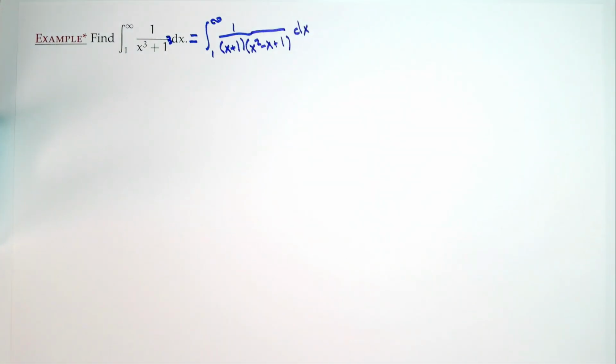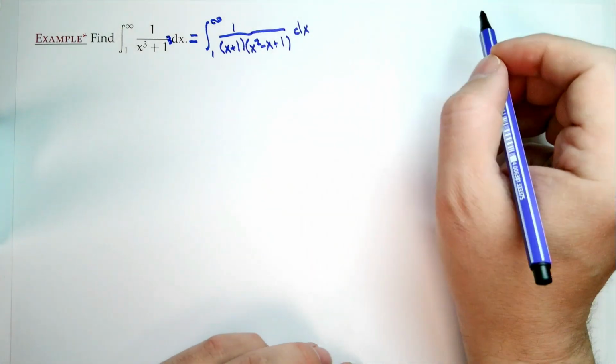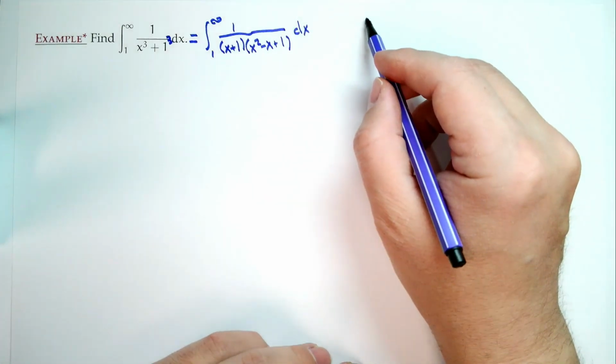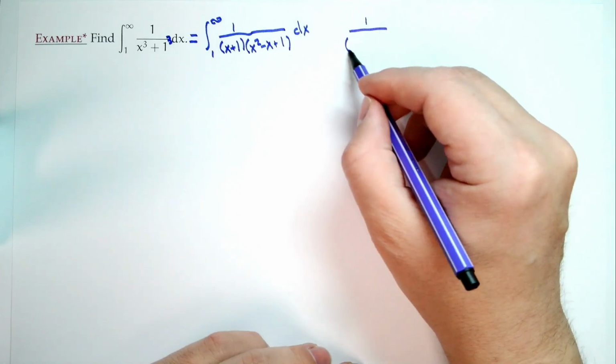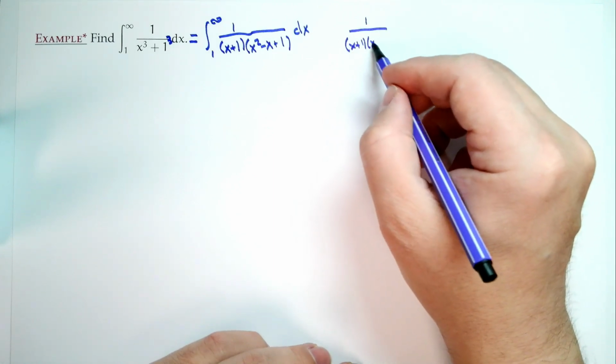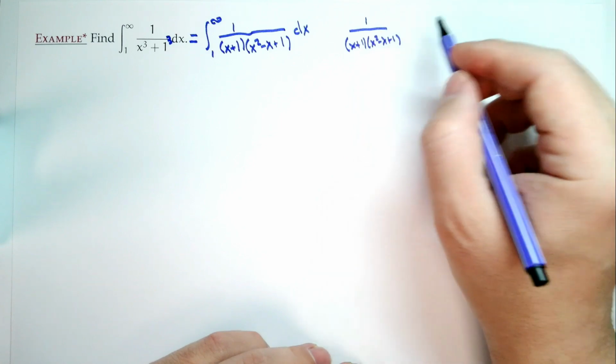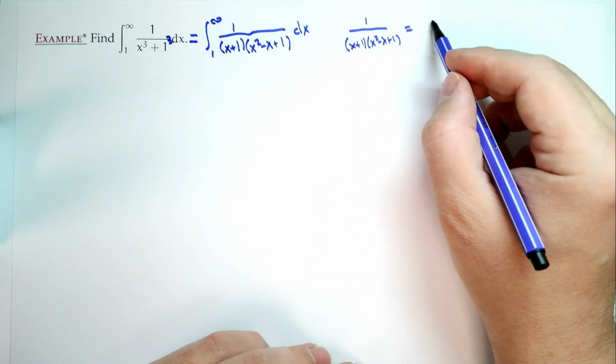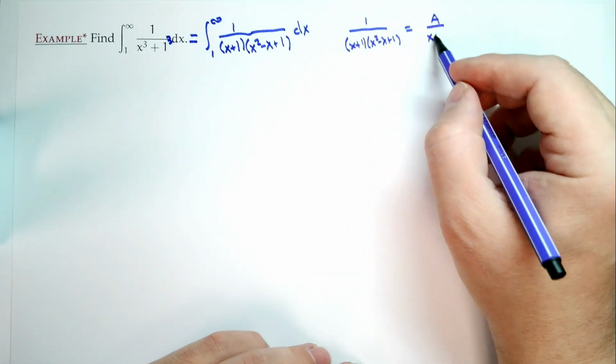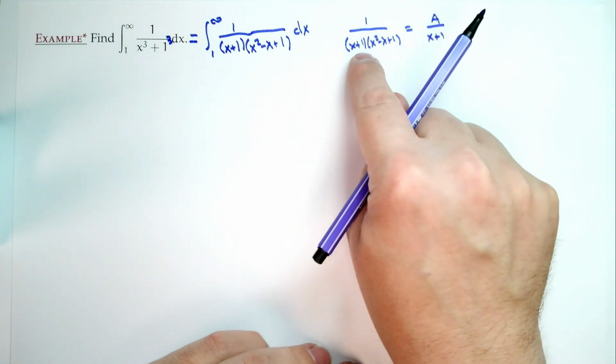There's our factoring. Now, a little side work here. We're going to write 1 divided by x plus 1 times x squared minus x plus 1 in the form of something over x plus 1, because this is a linear term.